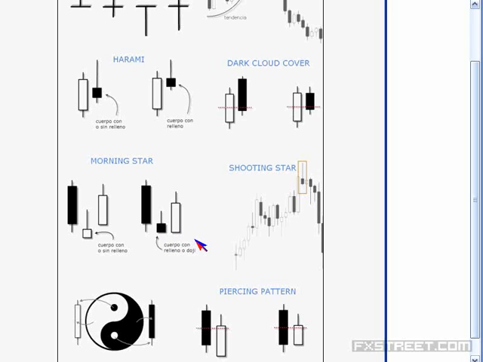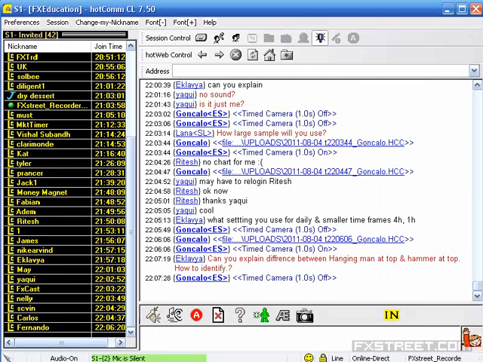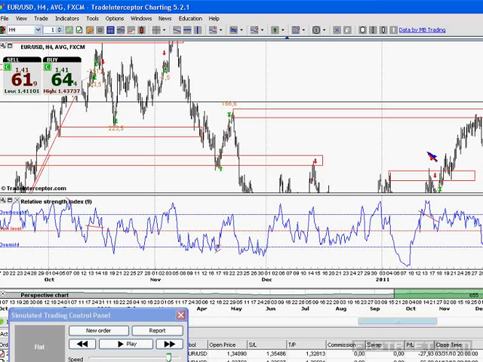Okay, so little differences. These images are taken from the learning center, so I've just shown them here as an example.